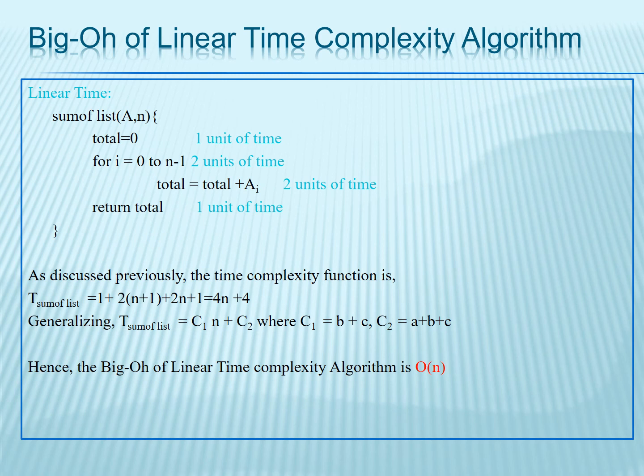Here, the time complexity function T sum of list is represented by the expression 4n plus 4. Here, the maximum power of n in the expression is 1. Hence, here the big O of the linear time complexity algorithm is big O of n, with n having the maximum power of the expression that is represented as the time complexity function.